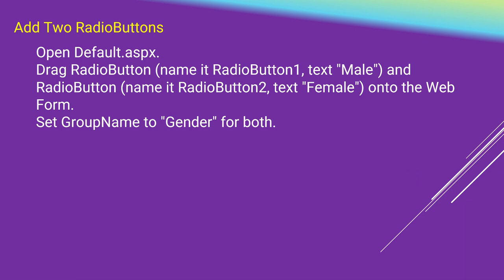Name the second one Radio Button 2 and set its text to female. To ensure they function as a group, set the group name property for both radio buttons to gender. This allows users to select only one option at a time.